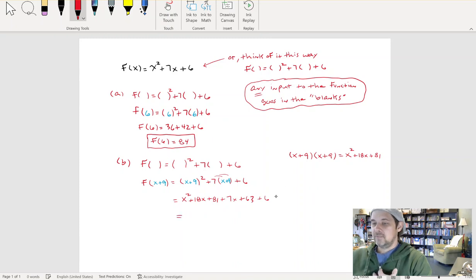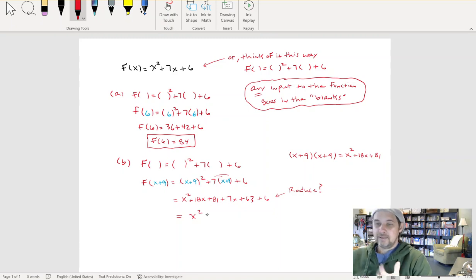The only question when we get to this point is: is there some way to reduce it? If I can combine things, if I can cancel things, if I can give an answer that has less stuff in it than what you see here, then I will go ahead and do that. So let's see. I think I can condense a bit of this. X squared isn't compatible with adding to anything else there, but 18x and 7x are.